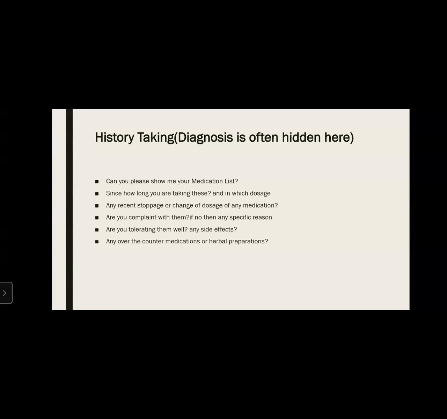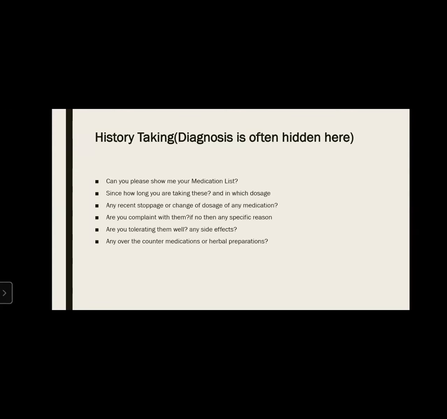After that, you will ask about any recent stoppage or change of dosage of any medication. For example, the patient is having dizziness. He feels dizzy while standing from a sitting posture, and he is taking an ARB or an ACE inhibitor for the last 6 months.